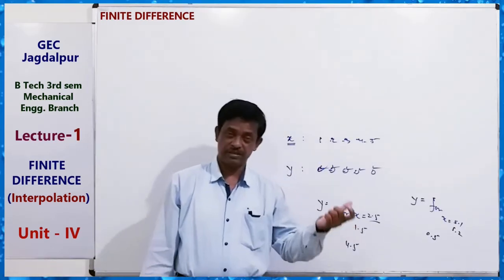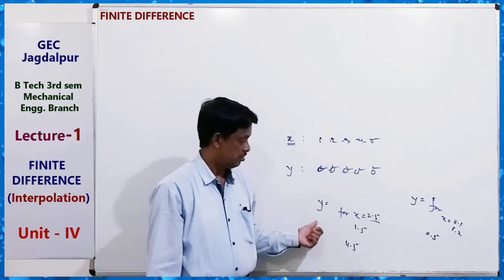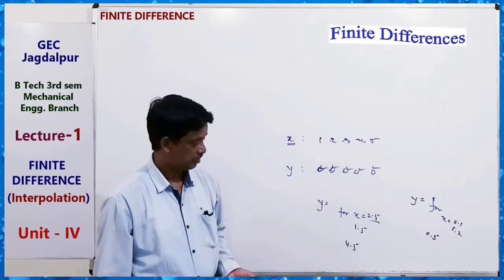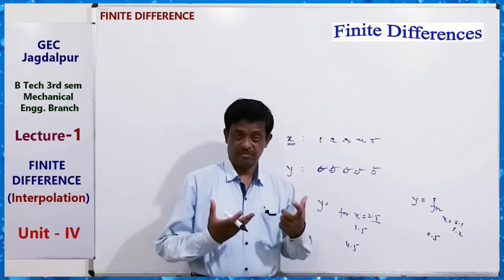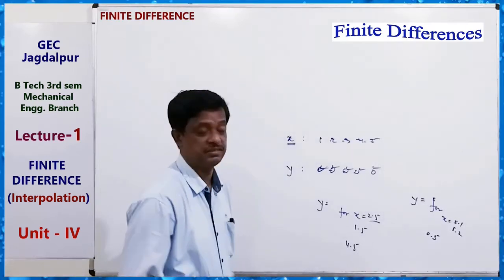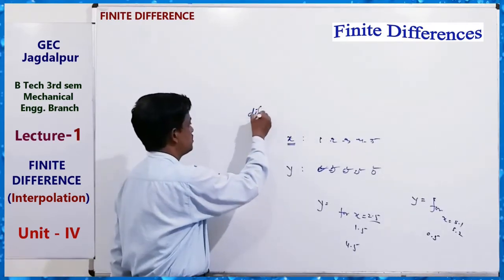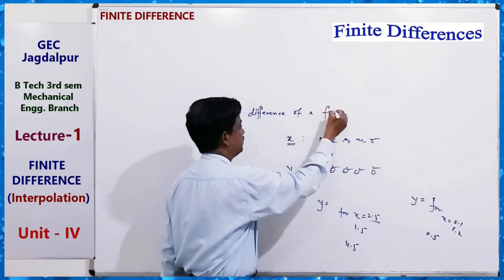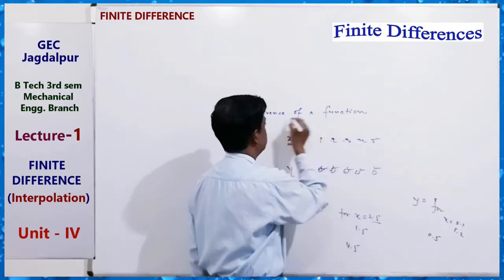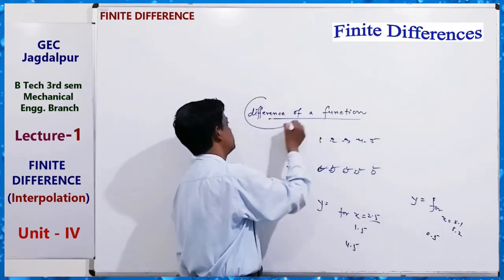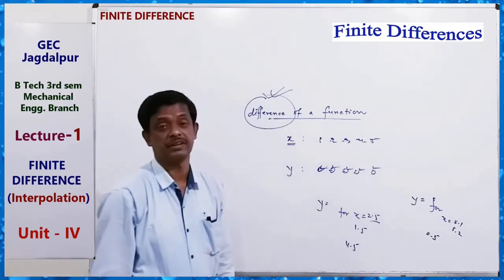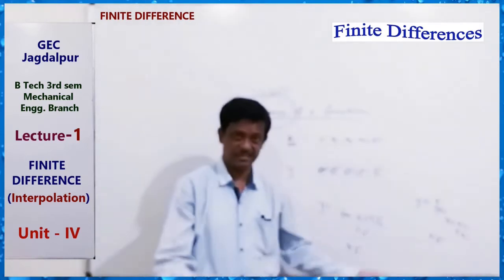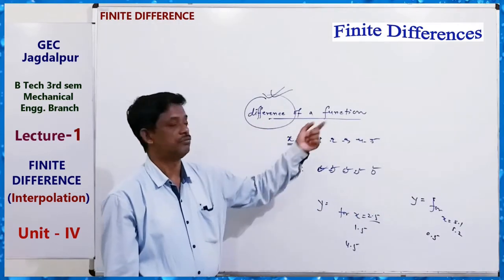For interpolation and extrapolation of a value of the dependent quantity, that is a value of the function, we use the concept of difference, the difference of a function. This is a new thing.